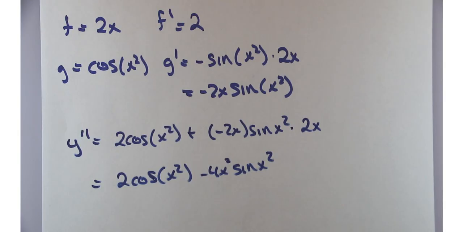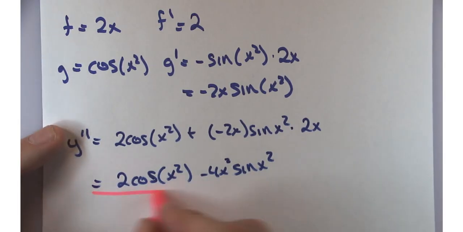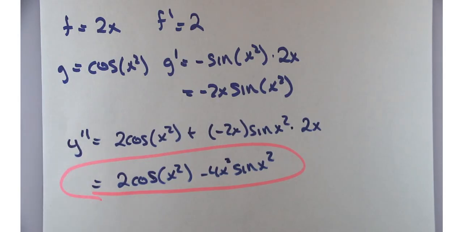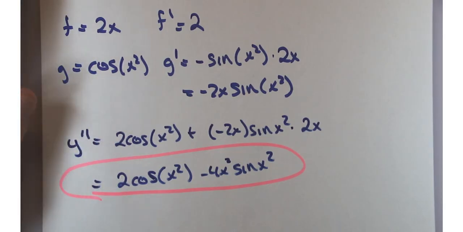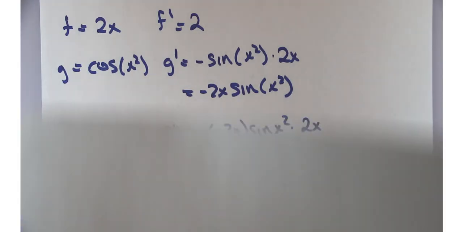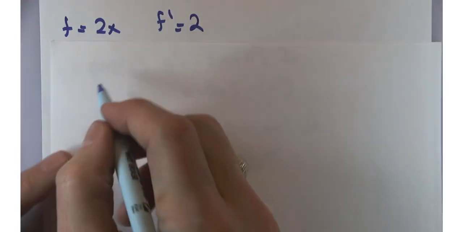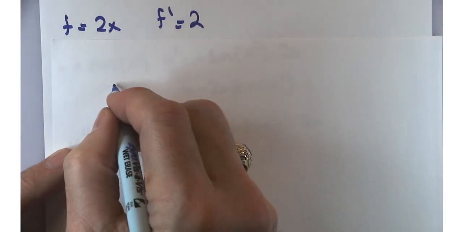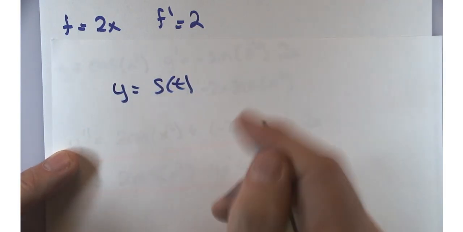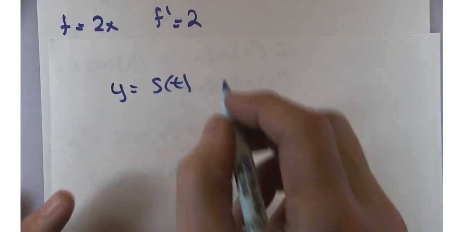Did I talk about the third derivative at all? Here's kind of a little FYI. If you want to insult somebody in kind of a highbrow way. When you're working with functions, sometimes you work with, say, y equals s of t. s of t is going to be your displacement or your location.